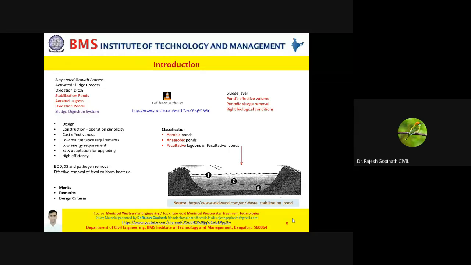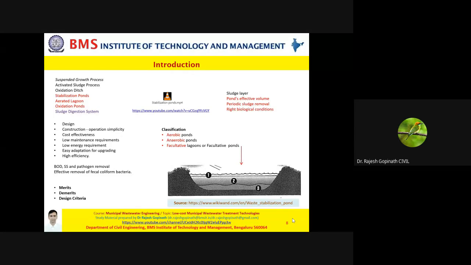One most important attribute that we need to understand when it comes to low-cost wastewater treatment is the sludge layer. The effective volume of the pond, whether it is an aeration pond, aerated lagoon, stabilization pond, or whatever the system may be, depends on the intensity and periodicity with which you remove the sludge.